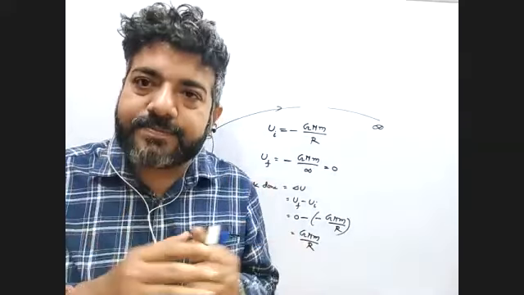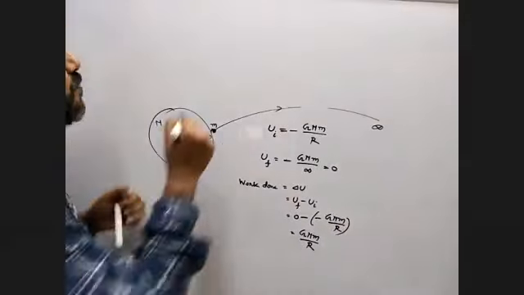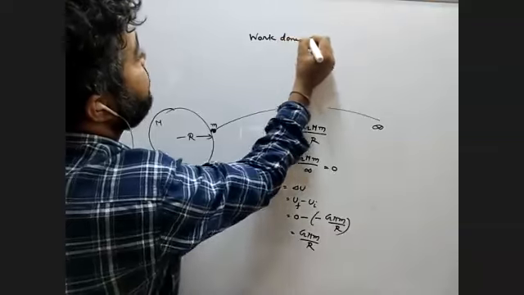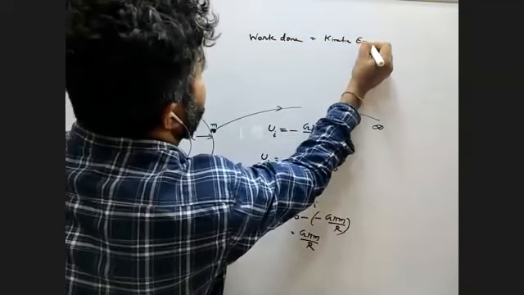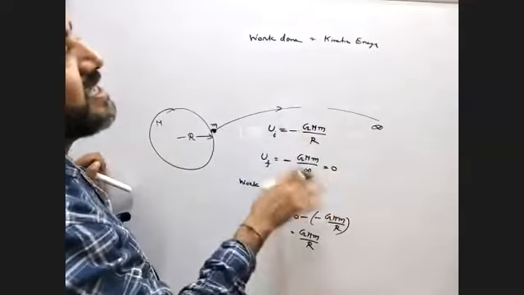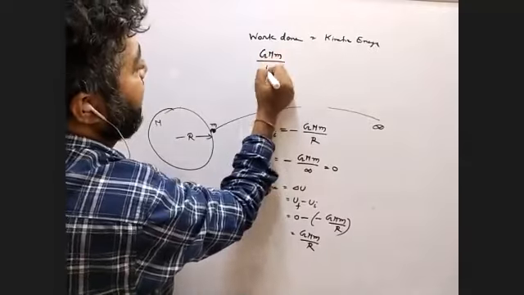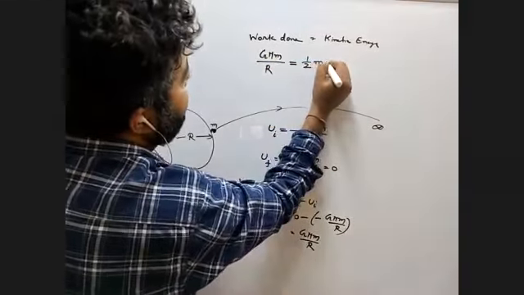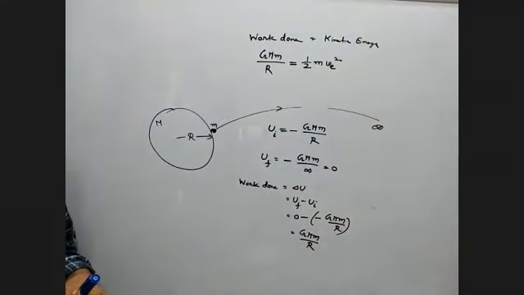So we can say this work done is in terms of kinetic energy. So GMm by R is equal to half m Ve square. Is it clear? Yes, sir.